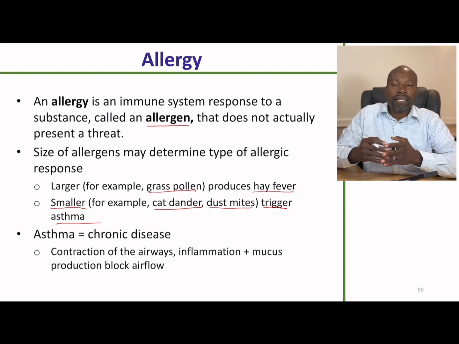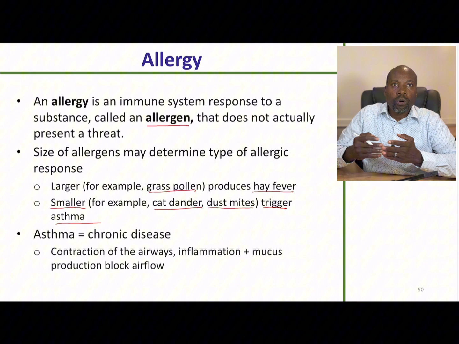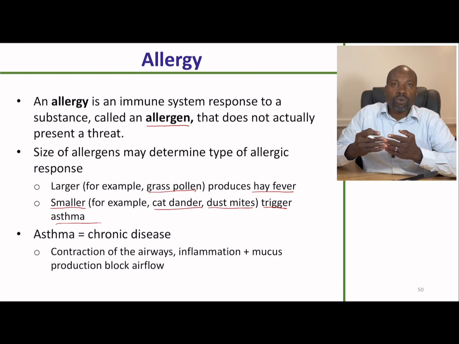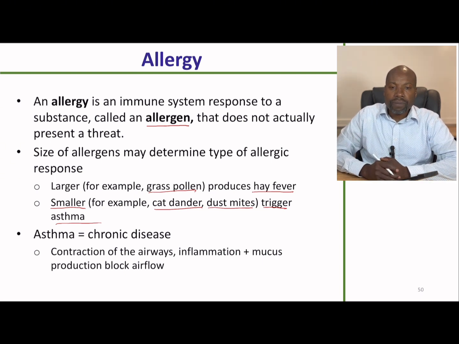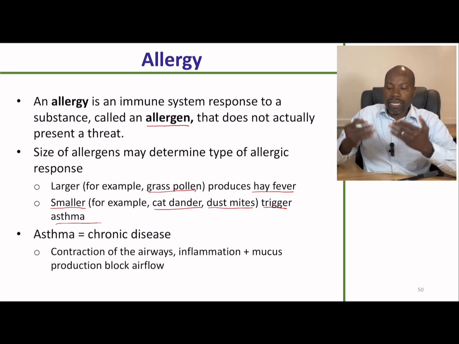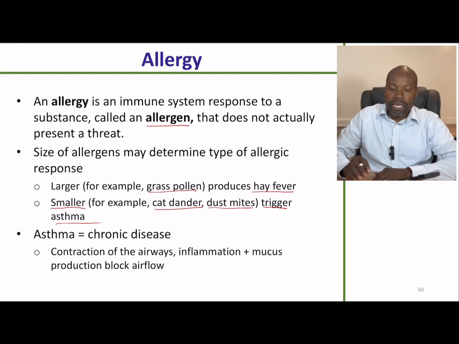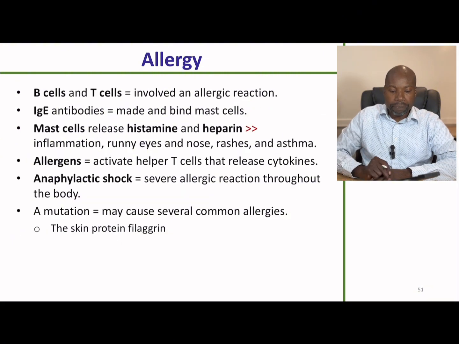At the end of the day, it's going to lead to difficulty in breathing. That's why people who typically have asthma are going to take drugs whose role is to somewhat expand the airways so that the air can flow properly into the lung alveoli.